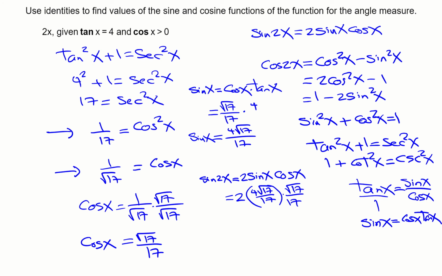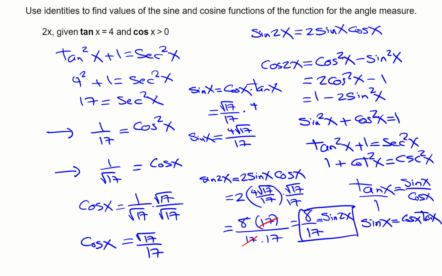So we end up with 8 times 17 over 17 times 17. So we notice that one of those 17s can cancel out, and we just end up with 8 over 17. And remember that that was sine of 2x.